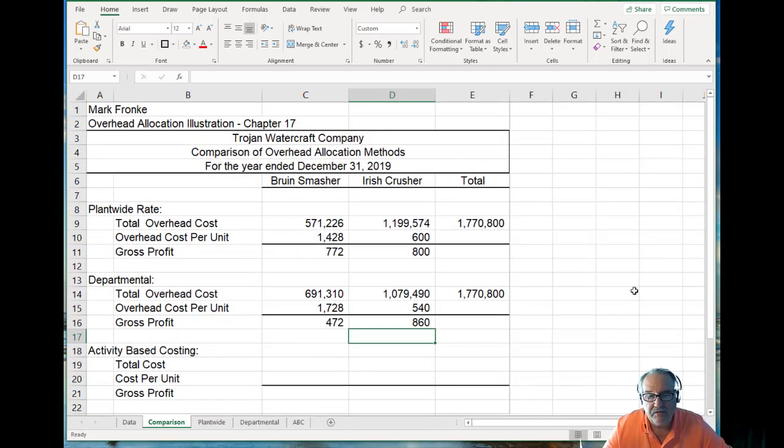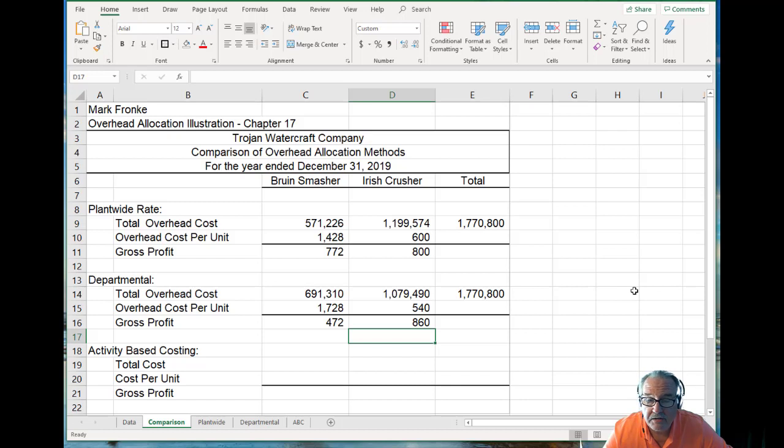And what do we see? We see that the Bruin Smasher, by using the departmental rate, has been allocated more overhead, almost $120,000 more, actually a little more than $120,000. And so therefore, the cost per unit went up and the gross profit went down on the Bruin Smasher, on our higher end, lower volume product.